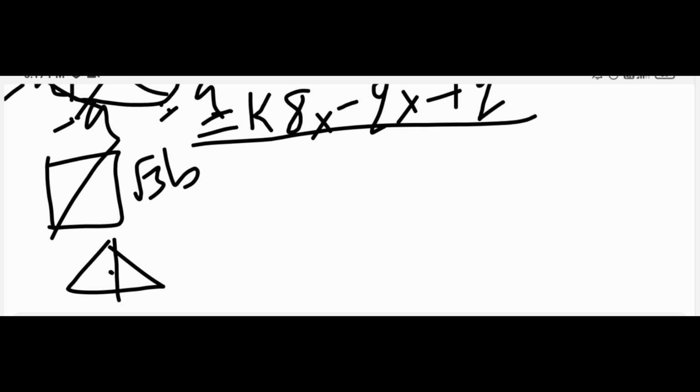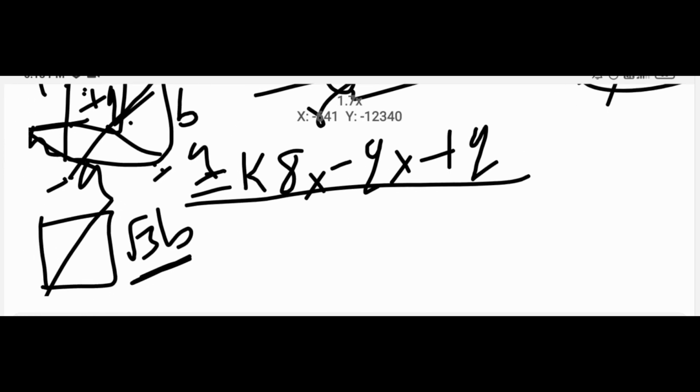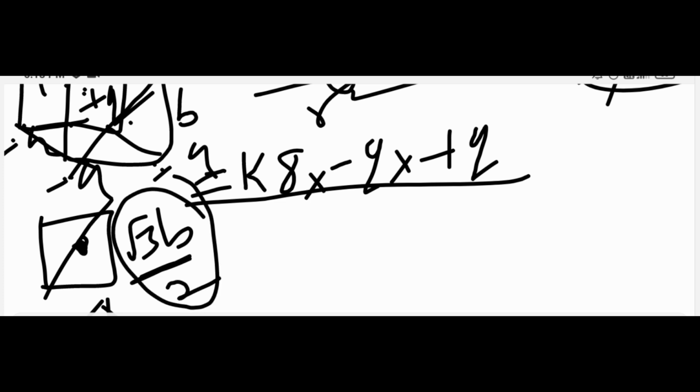They are not talking about a triangle or a square, they are talking about the cube. This root 3 b is the full diagonal, and the charge is kept at the center of the cube, so the distance to a corner is root 3 by 2 times b. So you can directly substitute that r is given as root 3 by 2 times the side.